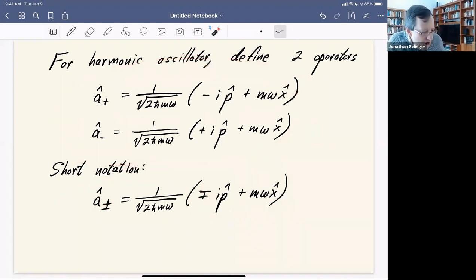So these are two operators, and they can operate on any function.